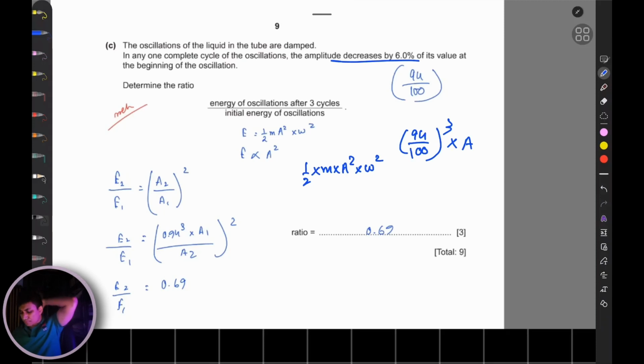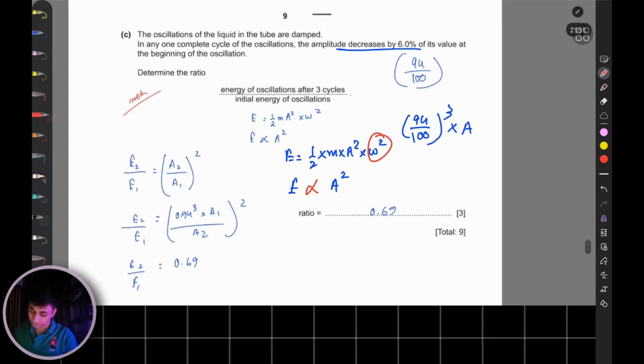So the energy is proportional to your amplitude square. Notice that your mass doesn't change, your omega doesn't change, and half is a constant, which means your energy is directly proportional to the square of amplitude.